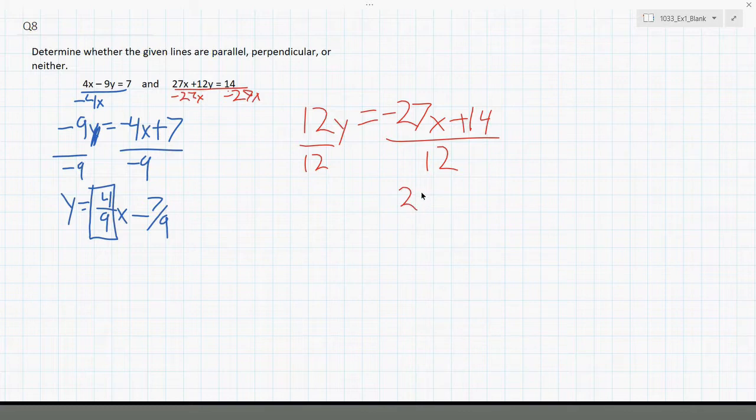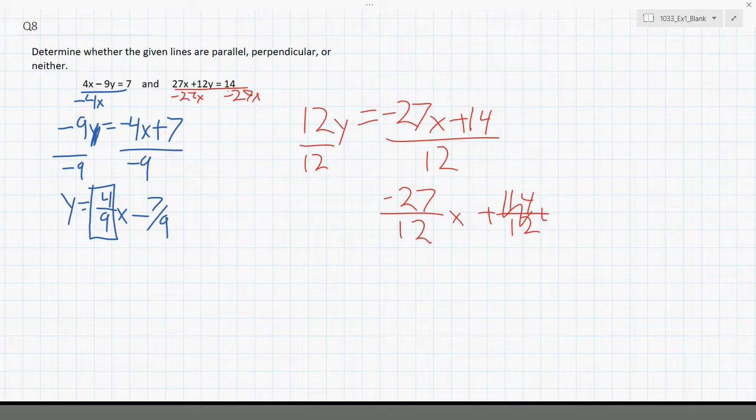So it's negative 27 over 12x plus 14 over 12. This will be something, but we're not worried about that part because it's the b value, it's not the slope.